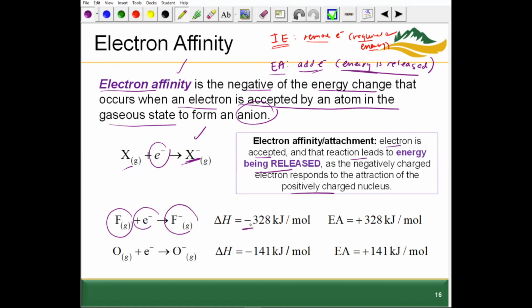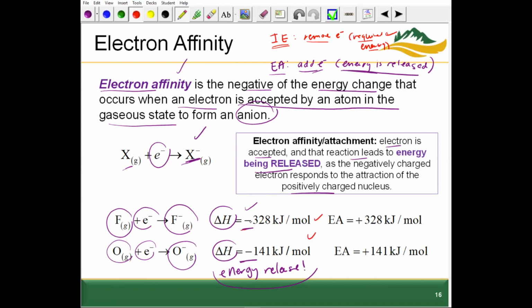The energy has a negative sign because energy is released. Oxygen as well, we add an electron to become O-, energy is released. A negative sign for enthalpy means that energy is released, just like we saw for exothermic reactions. We see a negative sign.